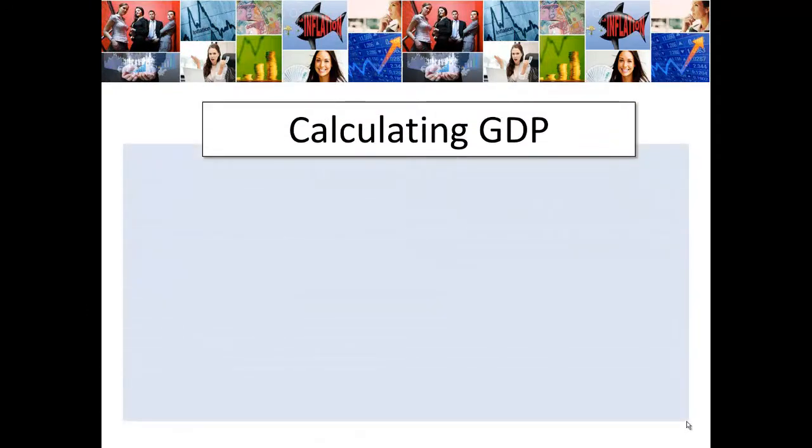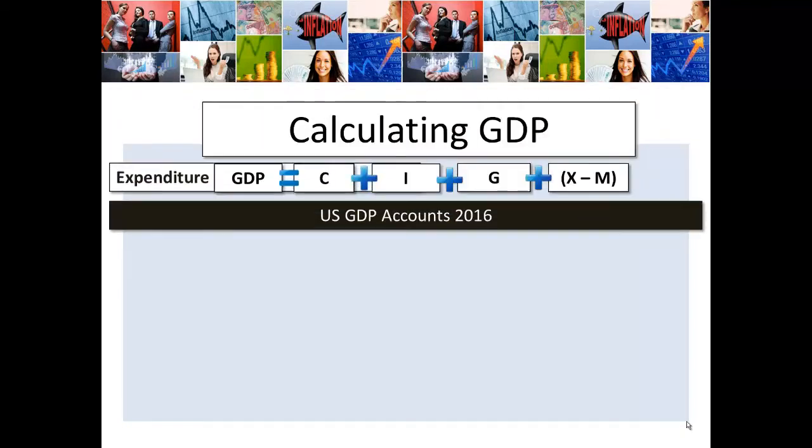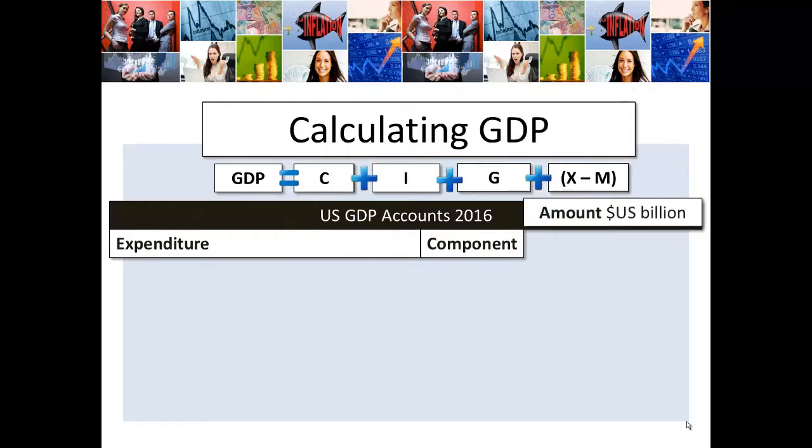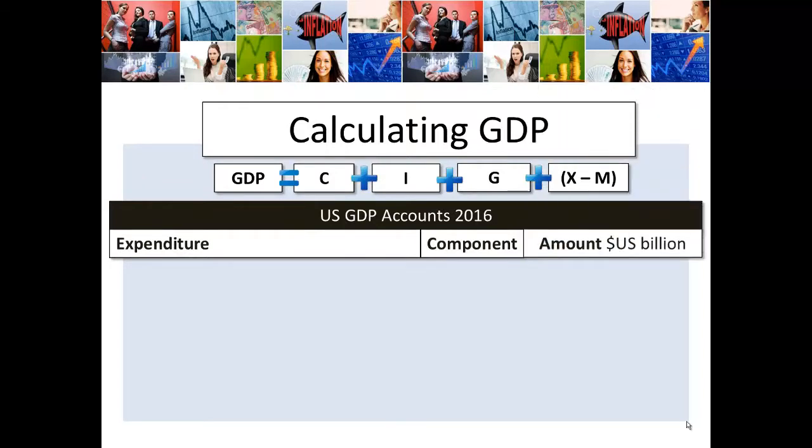Right, calculating GDP. All we're doing is identifying our consumption, our investment, our government spending, and our net exports, and we're totaling them.